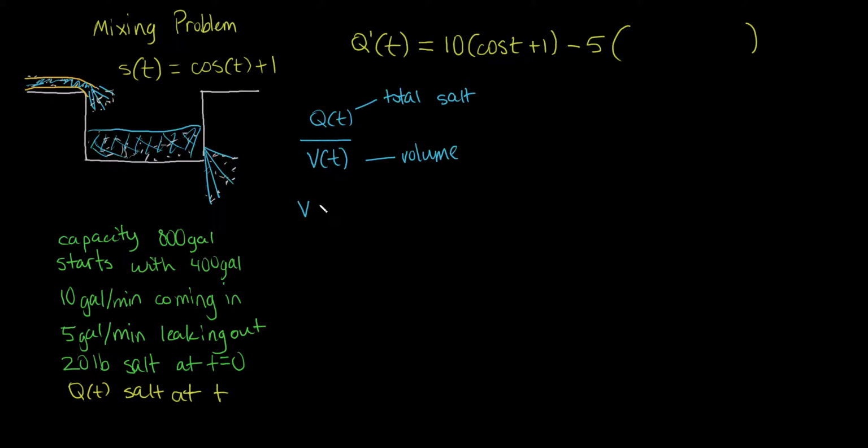So we can write that V of t, the volume of the pool at any time t, is going to equal 400 gallons at the start, and at every time period you're going to have 10 gallons coming in and 5 gallons leaving. So we add 10 gallons, we subtract 5 gallons. That is the same thing as 400 plus 5t. Which is to say, every time step, you're going to have 5 gallons coming in.